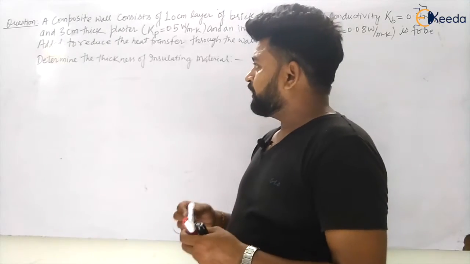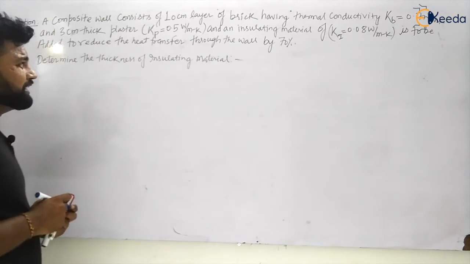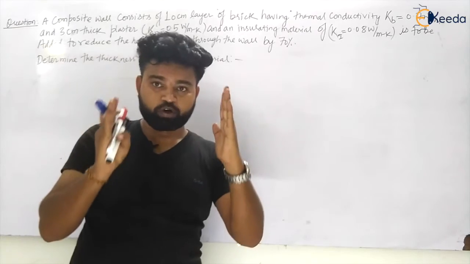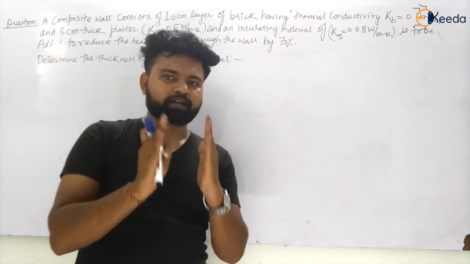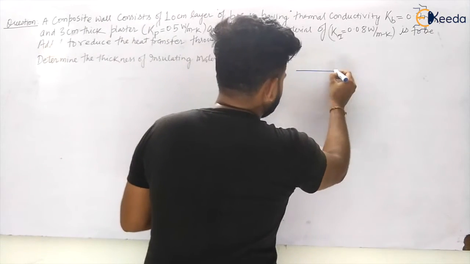Now a composite wall consists of a 10 centimeter layer of brick. There is a composite wall consisting of a 10 centimeter layer of brick. Let us understand it carefully.